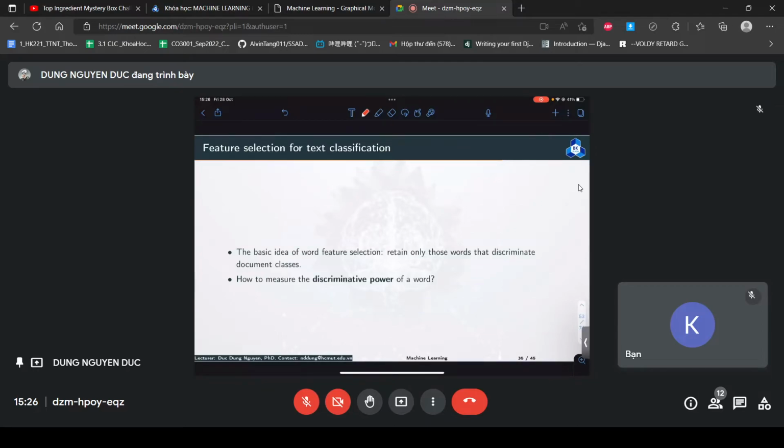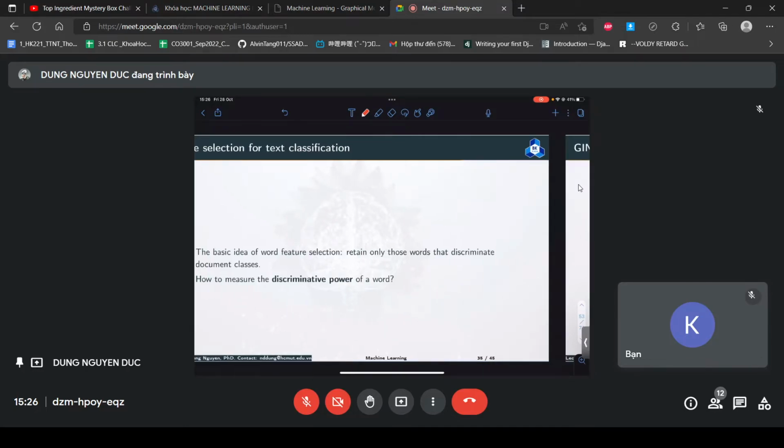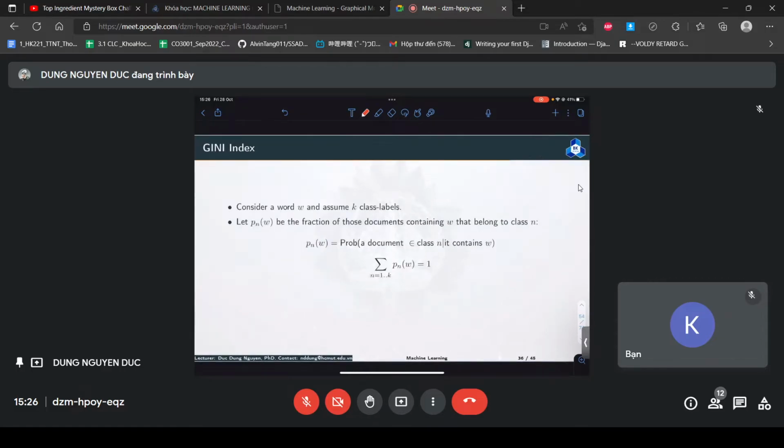It's like telling how strong that word would be in a classification task. Well, it depends on the problem you're working on. But let's say here in the formula, they provide a very simple technique for you using the Gini index.